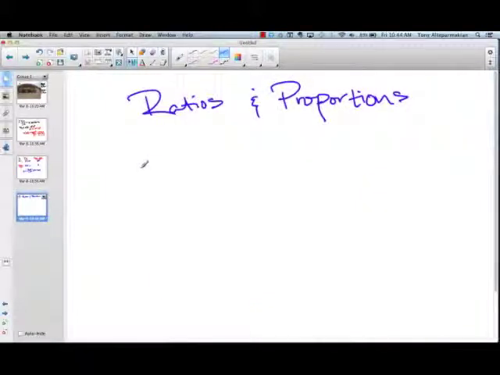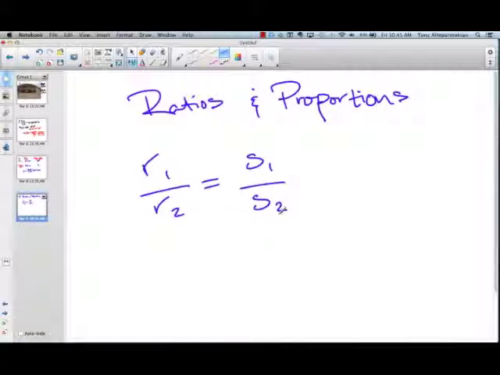One of the ways that we formalized this in class is we said the real life to real life comparison should be the same as the scale model to the scale model comparison. And it might look a little bit different than what we did, but it's actually very close to the same.